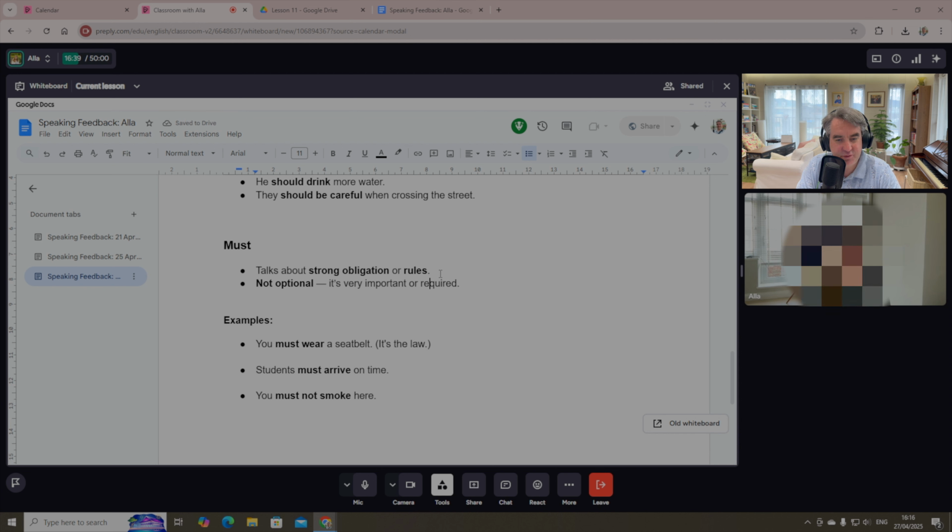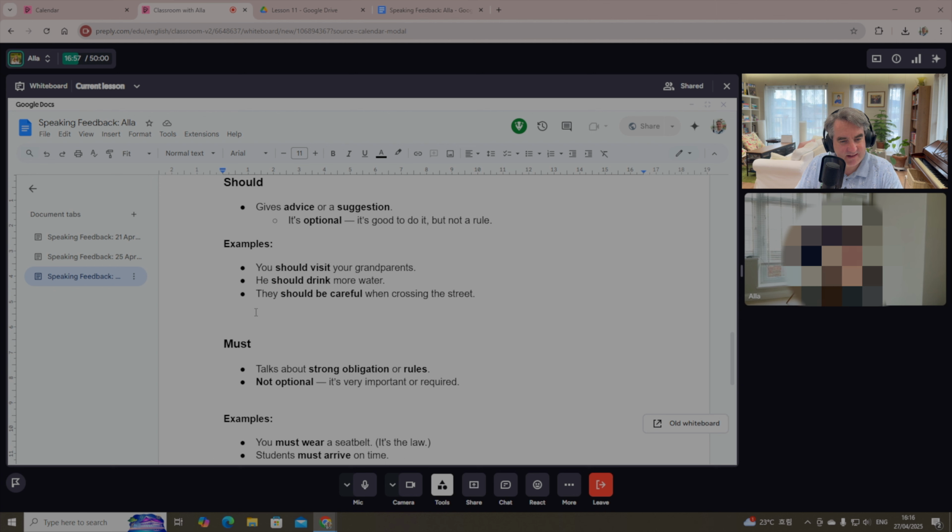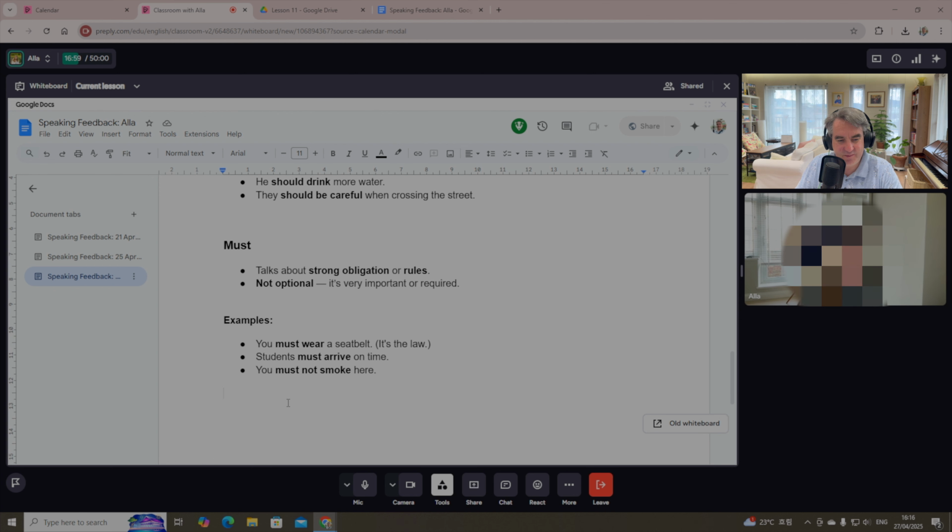It's not optional, it's very important, it's required. So, you must wear a seatbelt. Students must arrive on time. You must not smoke here. So slightly different when it comes to the two. Okay. All right.